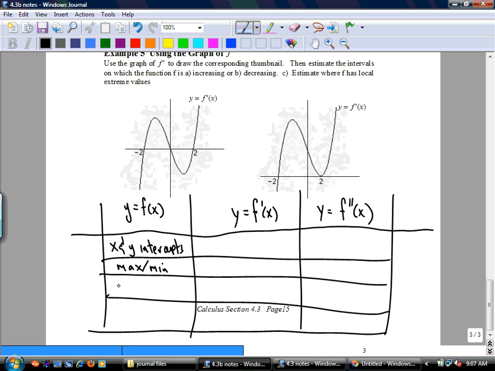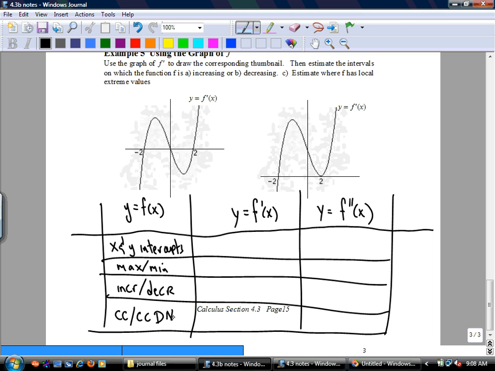They have positive slope-ish. They're increasing and decreasing. That's a better way of saying it. And they're concave up and concave down.